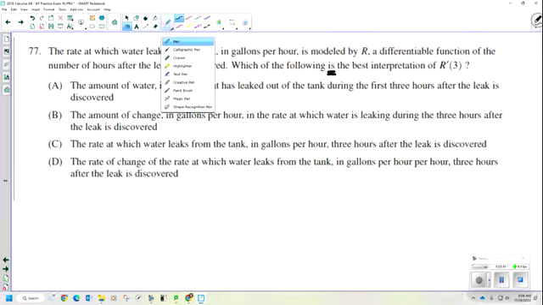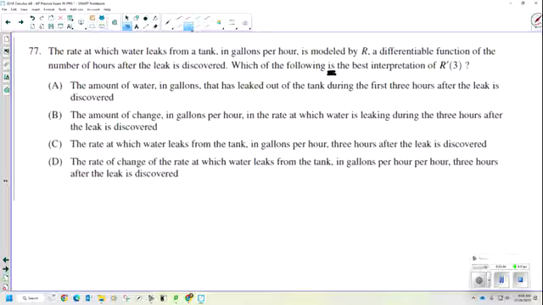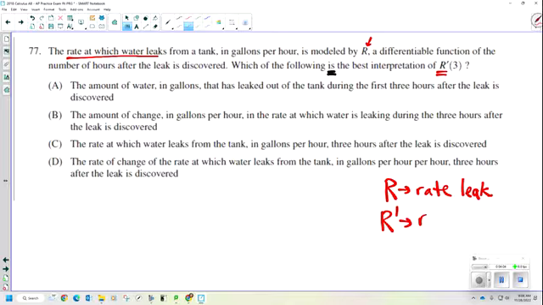All right, so let's go here. We'll do something red. Right now, keep in mind, they're trying to fool you with this, but R is already a rate at which the water leaks. So if R is a rate of leaking, R prime is the rate of the rate leaking.